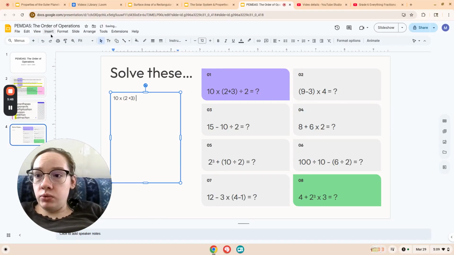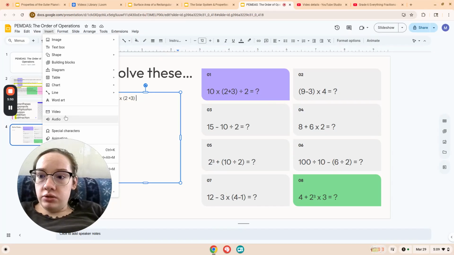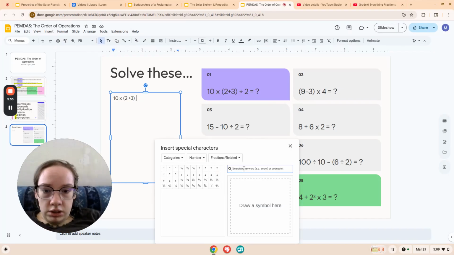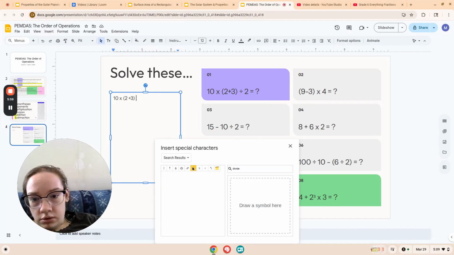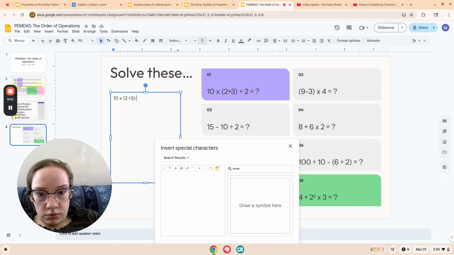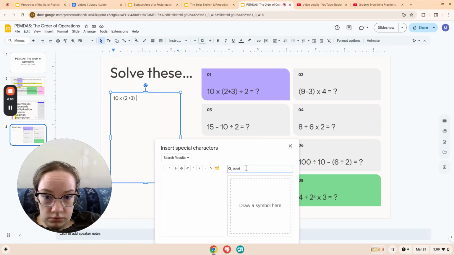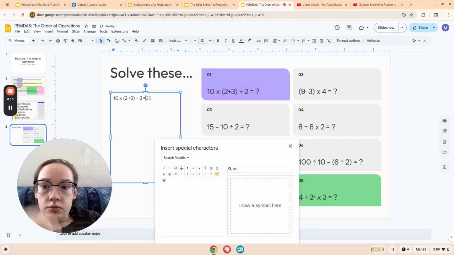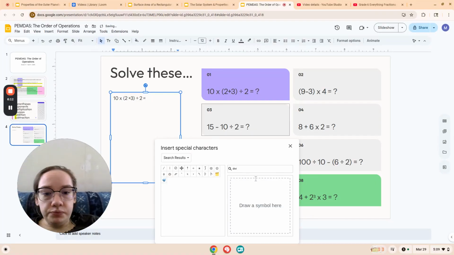Now, since we're in Microsoft Office, we have to go to the lovely special characters to include the division sign. Okay. Divide. Divided by 2 equals. Okay, here we are.